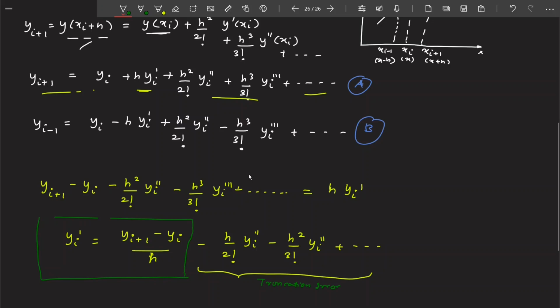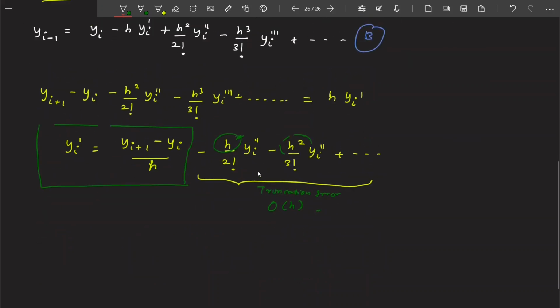So obviously there will be error because of this, and that error is known as truncation error. And the order of that error is going to be h. Because h square and h cube are not going to make much of a difference, since h is going to be a smaller value, and when you square a smaller value it becomes smaller, so it's going to be of order h. So this truncation error is of order h.